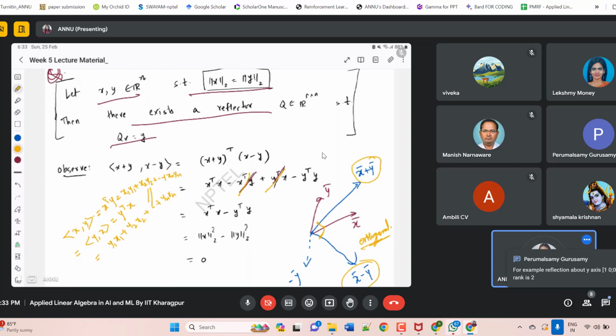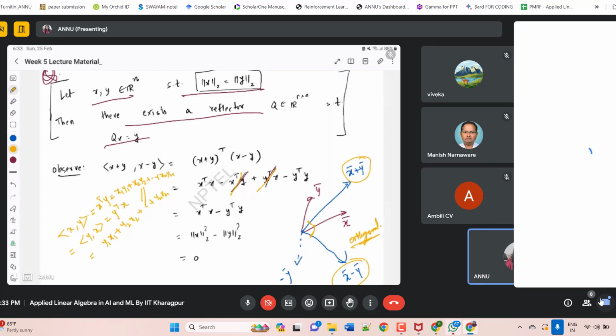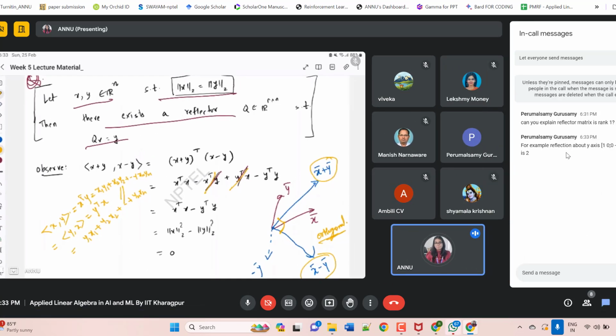What does this mean? Here the rank is 2. Reflection about the y-axis, can you express the reflector matrix as rank 1? Yes, the reflector matrix is rank 1.